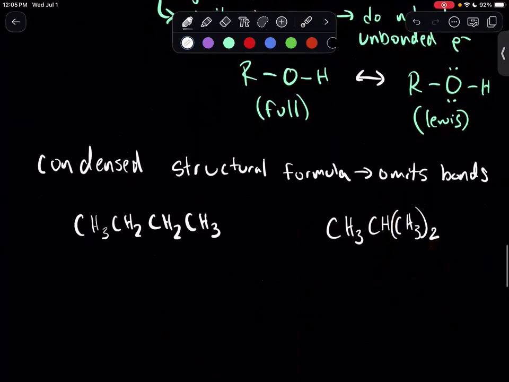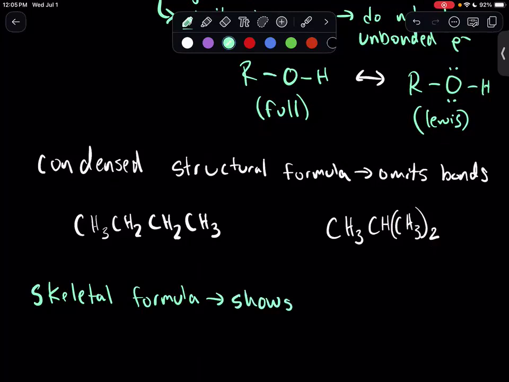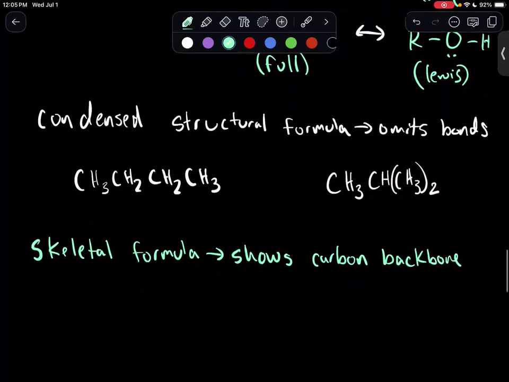Now we're going to get to my favorite right here, which is the skeletal formula. Skeletal formula pretty much just shows carbon backbone. It's very quick to draw and indicate everything you need. And it also shows bond angles, usually.